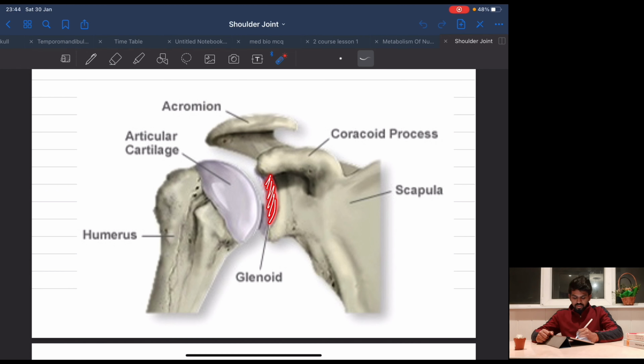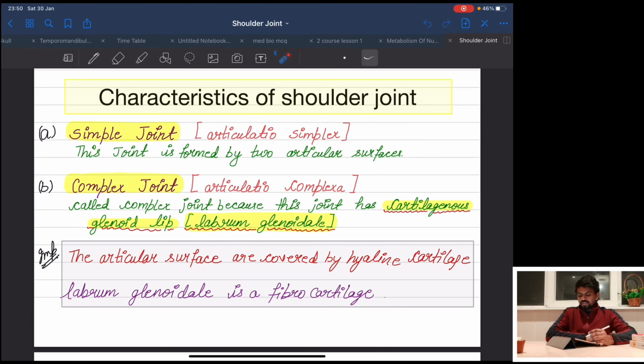This is the reason why most injuries in the shoulder occur due to dislocation of the head of the humerus from the glenoid cavity of the scapula. Till now we have studied the formation of the shoulder joint. Now the next topic in this video is the characteristics of the shoulder joint.